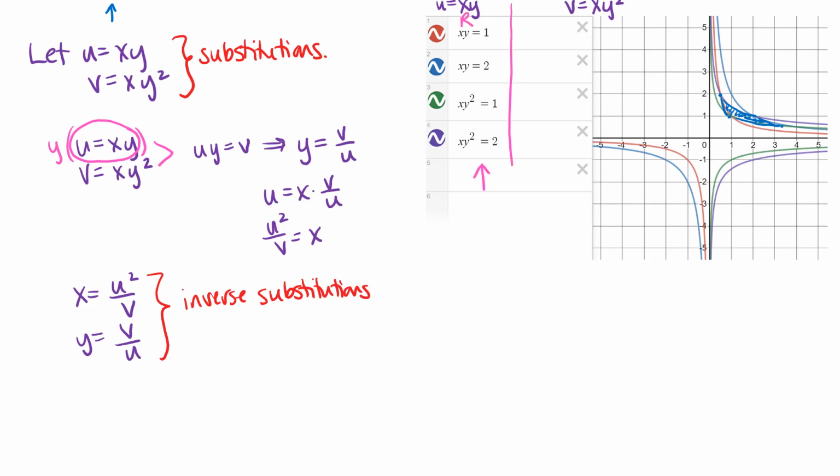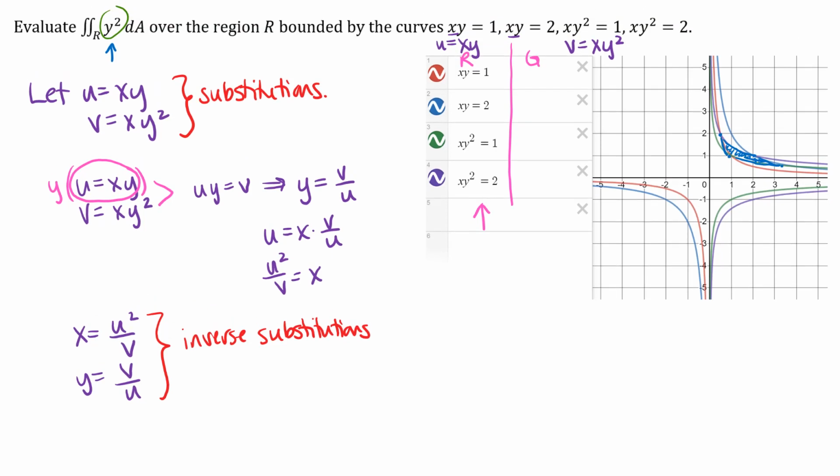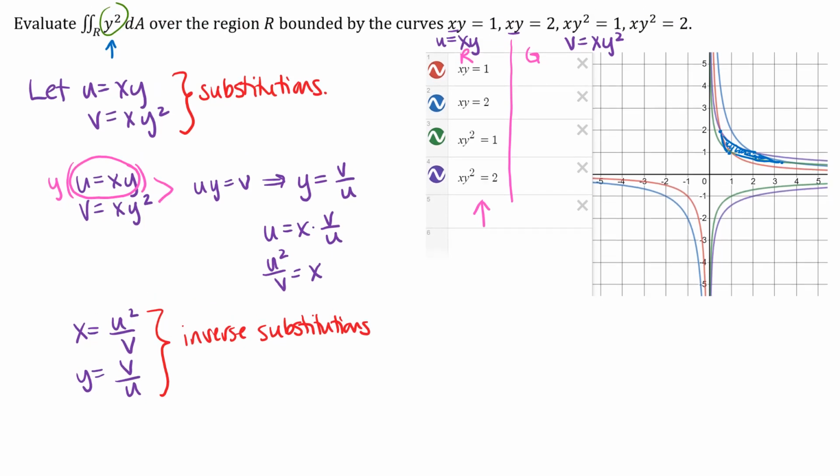So these first equations are for my region R, and then when I make my substitutions, I'm going to have equations for my region G. And remember that our original substitutions were based on the equations of those, and so we'll end up with some fairly straightforward equations when I make those substitutions. xy was u, so both of these first ones become u equals a constant, and xy squared is v, so our last two become v equals a constant. So our region G in the UV plane turns out to be very simple.